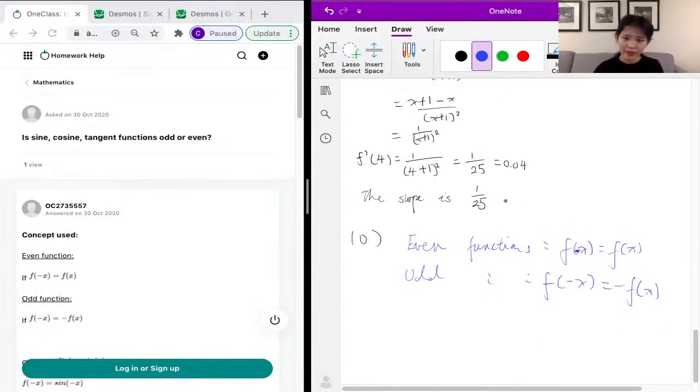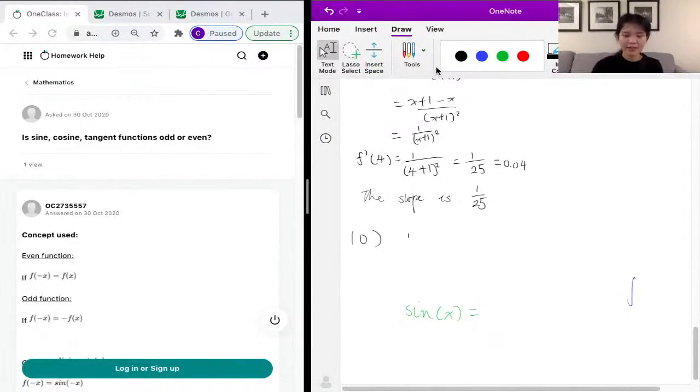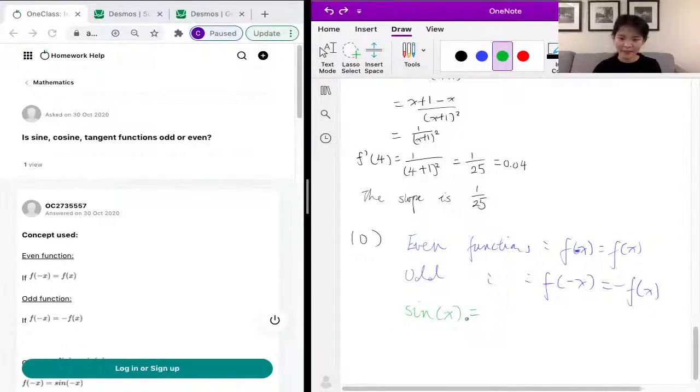Also, we need a few other identities for trigonometry. I guess we do need to know about odd and even functions, sorry, my fault.